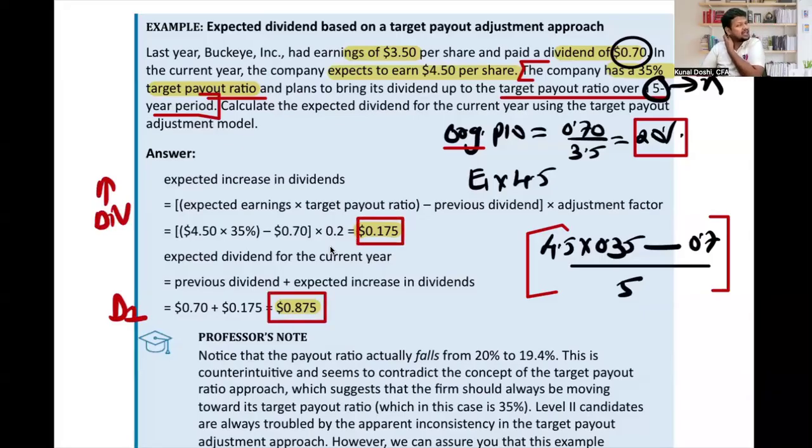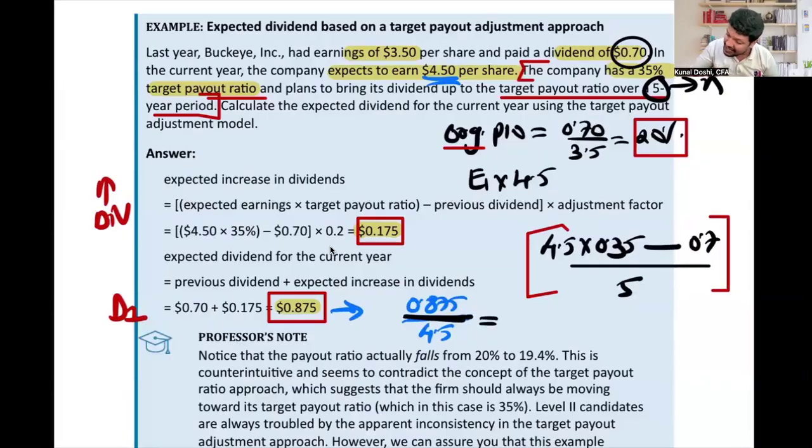Correct? Right? Now, one very interesting thing. What is now going to be my payout ratio? If I'm going to give 0.875 as dividend, what is my expected earnings, guys? 4.5. Check how much this is in terms of payout ratio: 0.875 divided by 4.5.